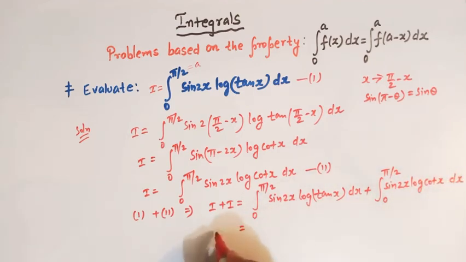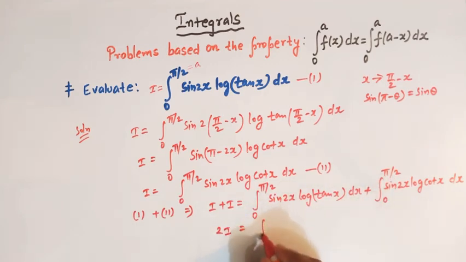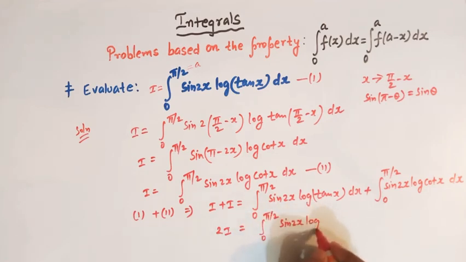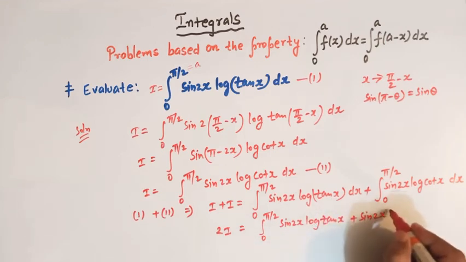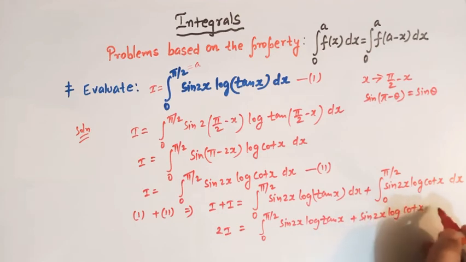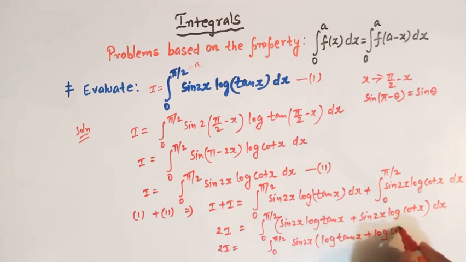Now since the limits of integration are the same, we can write integral from 0 to pi by 2 of sine 2x log tan x plus sine 2x log cot x. Clear? Okay, here we have dx. So 2I becomes integral from 0 to pi by 2. Now taking sine 2x as common, we have log tan x plus log cot x, right?